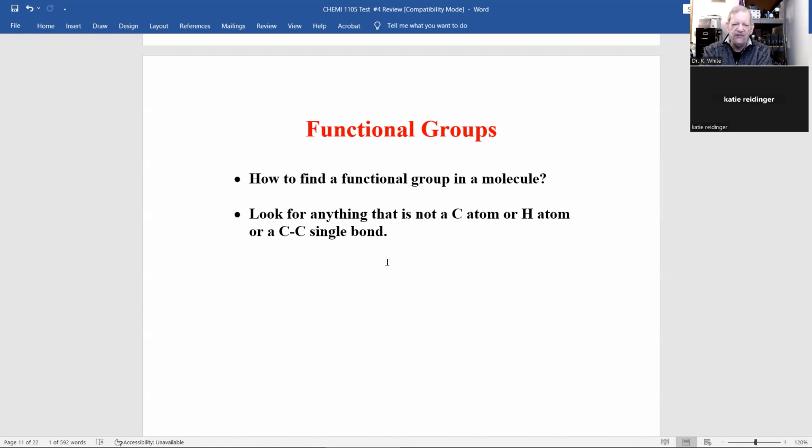You look for what's different, what's not a carbon or hydrogen atom or carbon-carbon single bond. That's going to be a functional group and should get your attention, like this. That gets your attention. So look for anything that's not carbon or hydrogen or carbon-carbon single bond.